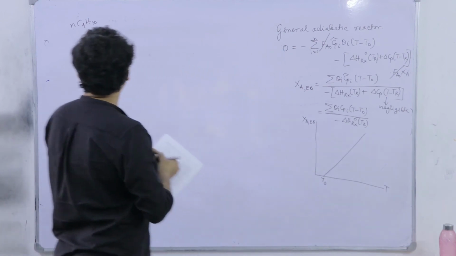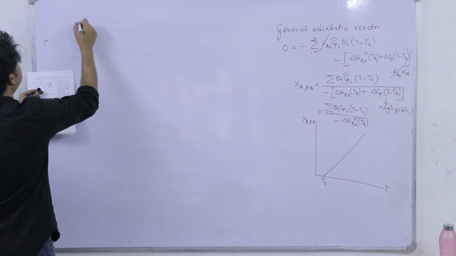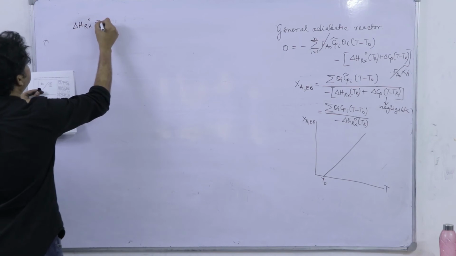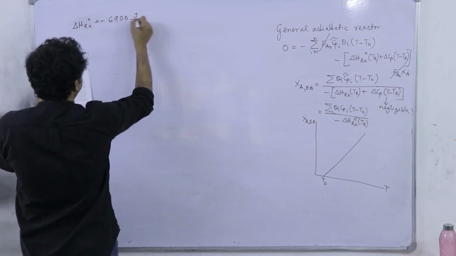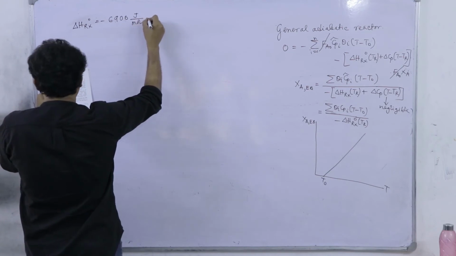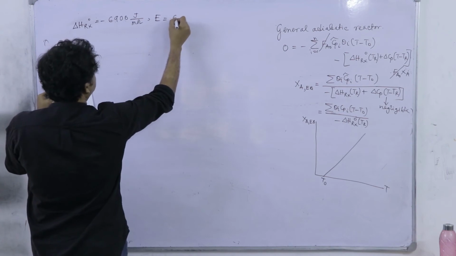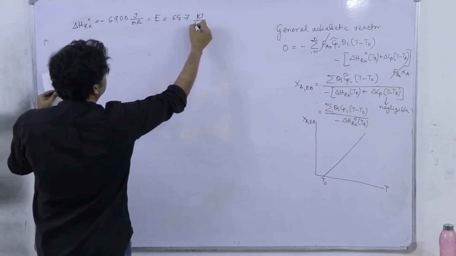Right. So additional information. What information is given? ΔH_Rx° is equal to minus 6900 joule per mole. The activation energy of this reaction is 65.7 kilojoule per mole.